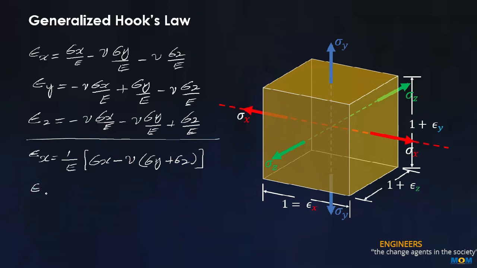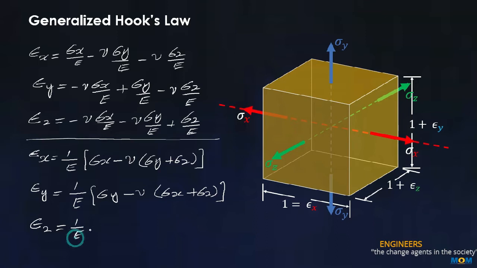Similarly, epsilon y is equal to 1 upon E times sigma y minus nu times sigma x plus sigma z. Same way, epsilon z is equal to 1 upon E times sigma z minus nu times sigma x plus sigma y.